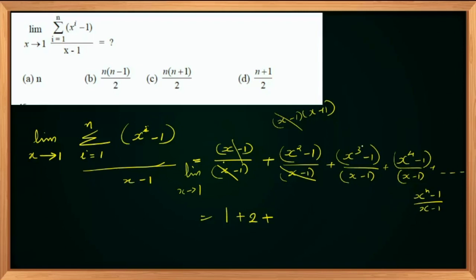In the numerator that will be 3x^2 divided by 1, here it will be 4x^3 divided by 1, and the last term will be n x^(n-1) divided by 1. So when you put x equal to 1 everywhere, you will get 1 + 2 + 3 + 4 + etc. up to n. So what is the sum of the first n counting numbers? What is the answer?